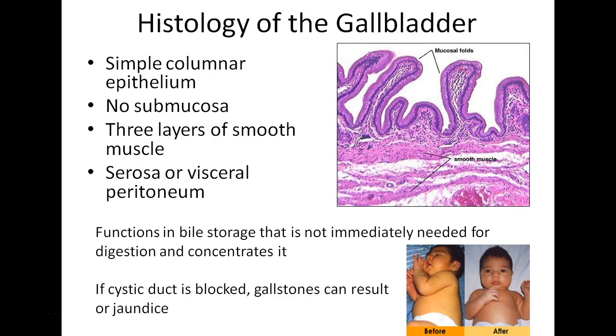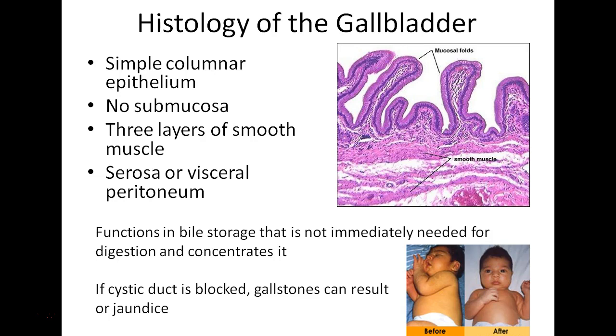Here is a histology image showing the gallbladder. Notice we see some simple columnar epithelium, 3 layers of smooth muscle, and a serosa. The gallbladder is in charge of bile storage. That is not bile production, bile storage.